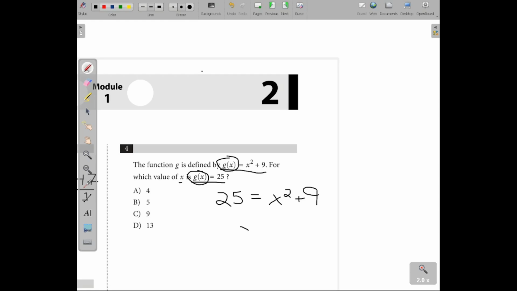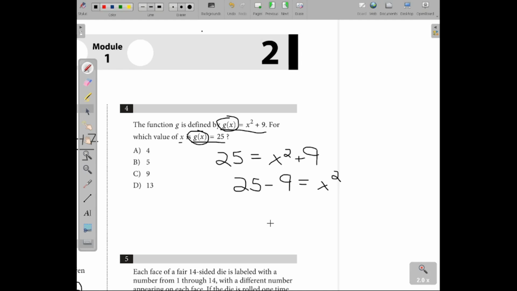So if we do this, 25 minus 9 is equal to x squared. 25 minus 9 is 16, equal to x squared. Now we have to get rid of this square, so we need square roots on both sides.